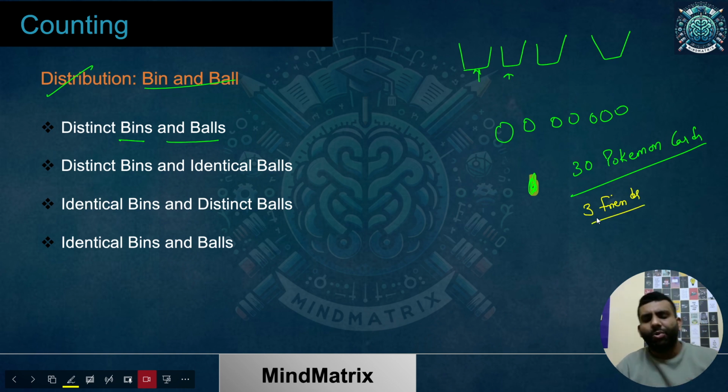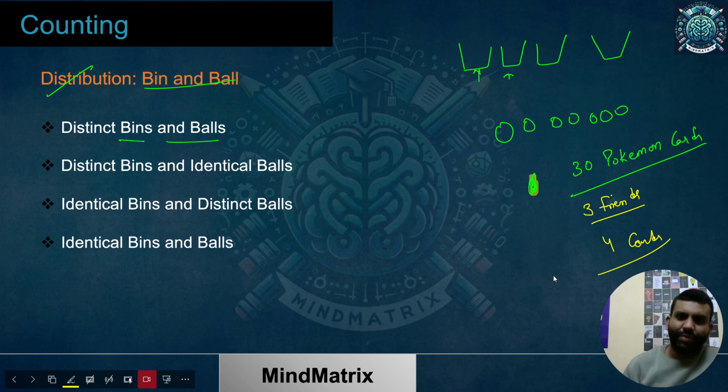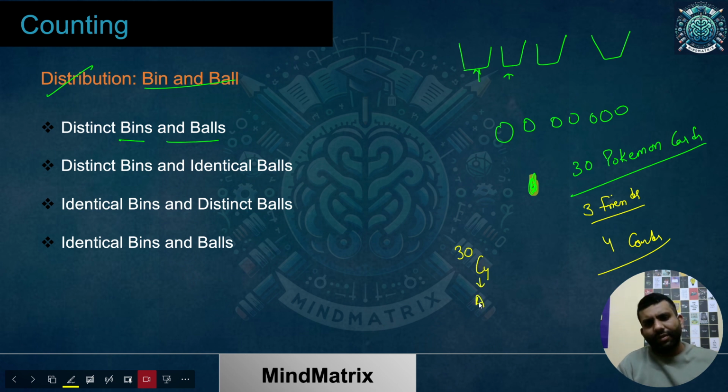Now what will be the number of ways in which this distribution can take place? It's simple. Out of 30, you'll select 4 cards first. Those cards would go to the first friend. Now how many cards are left? I'm left with 26.